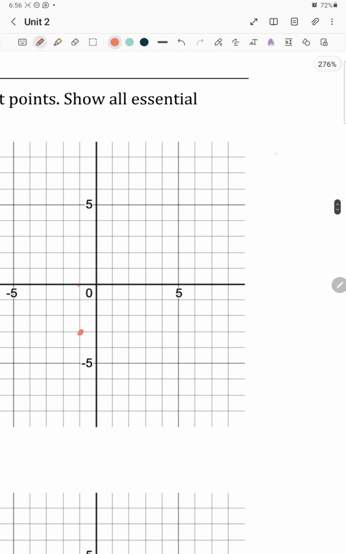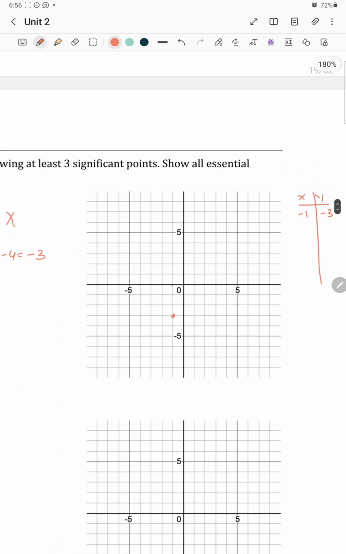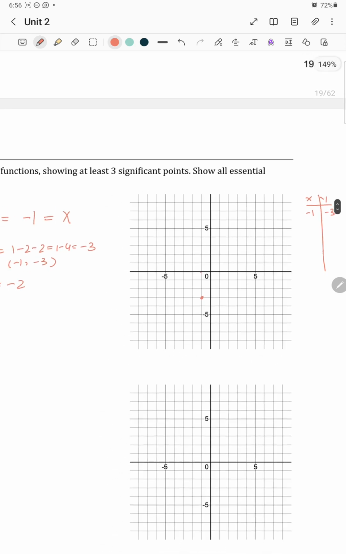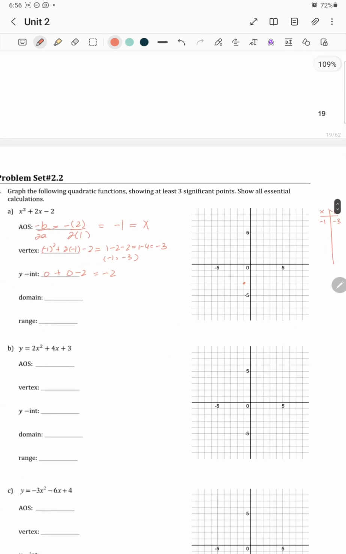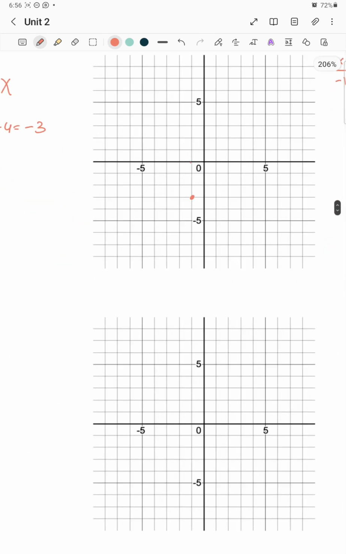We need to find two more values. We already know for minus 1 it is minus 3. For 0 I will get minus 2.